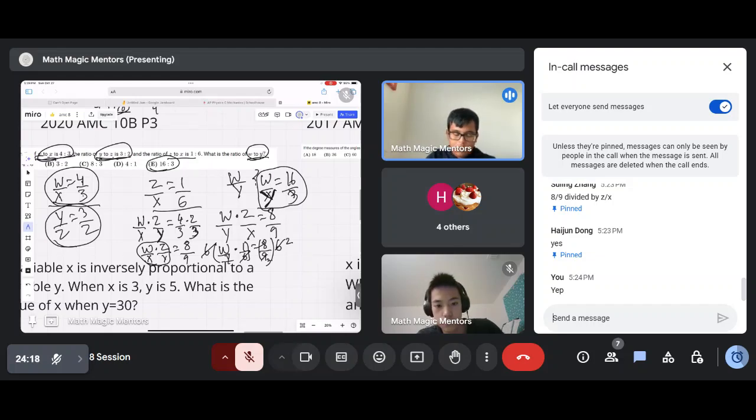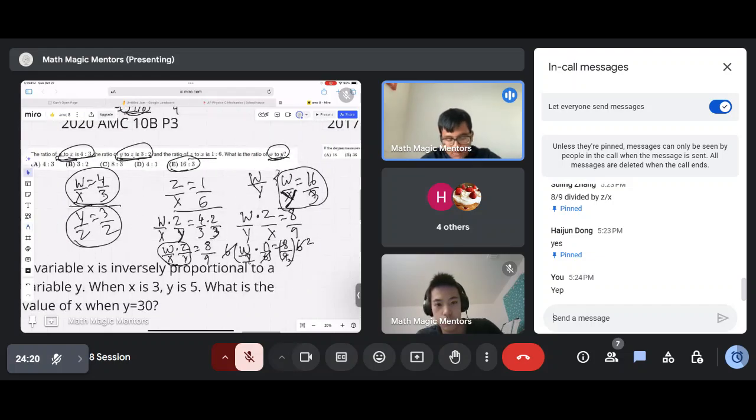Did that make sense? So just to walk you guys through this. The first step I did was, it's kind of hard for me to visualize proportions just by looking at them as separated by semicolons, as you see here. So I'll just convert them to fractional form so that I can do algebra with it. So I have w over x equals 4 thirds and y over z equals 3 halves.